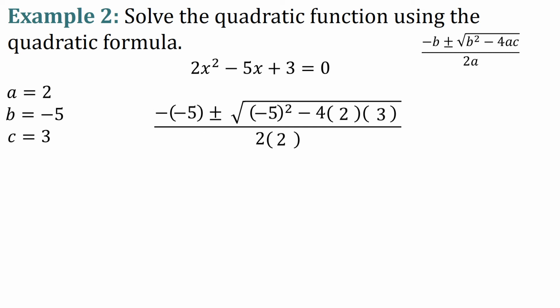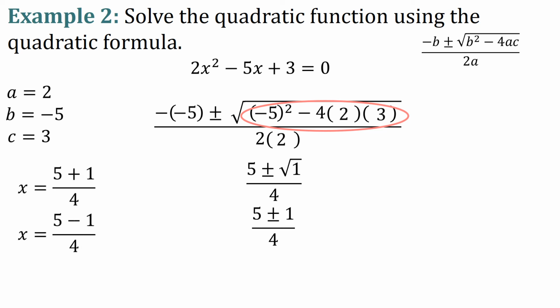So now we need to simplify. We know negative negative 5 is the same thing as positive 5. And looking underneath the radical, we know that negative 5 squared is going to be 25, minus 4 times 2 times 3. 4 times 2 is 8. 8 times 3 is 24. So 25 minus 24 is 1. You could also put that in your calculator all at one time. And the square root of 1 is 1.